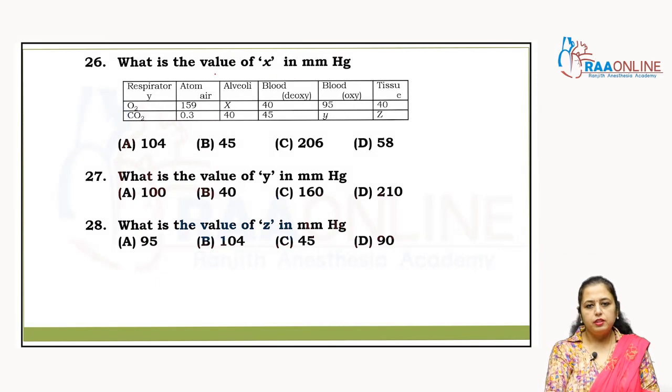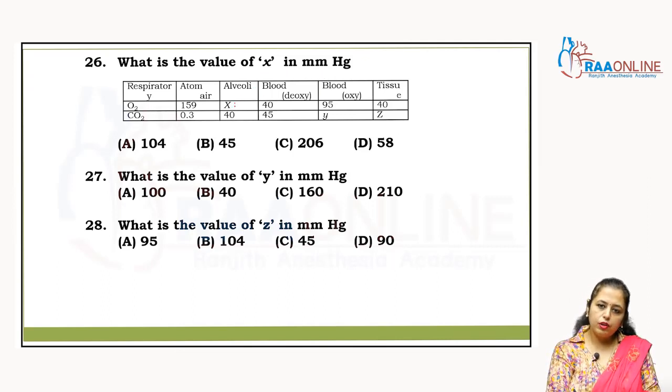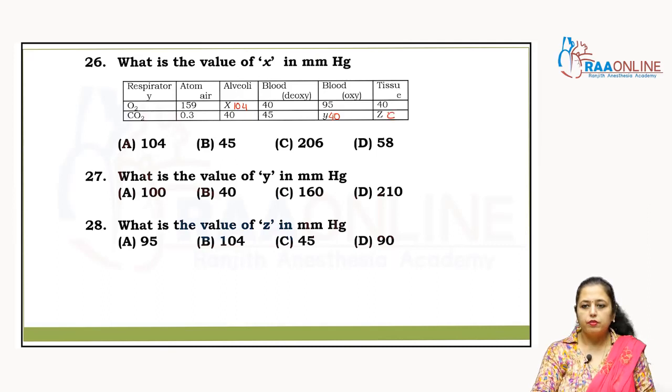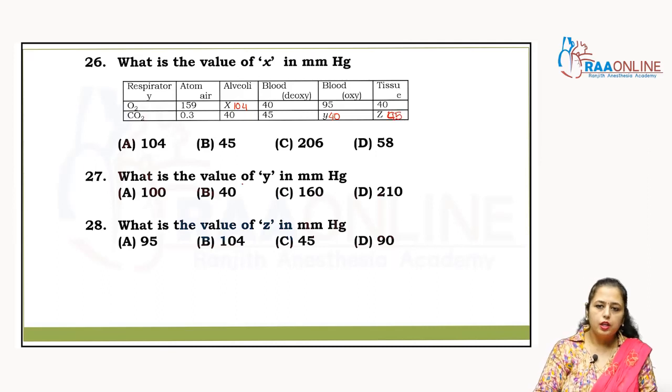Now see that chart, right? What is the value of X in mm of Hg? When we talk about alveoli, that is 104, right? In Y, oxygenated blood, that is alveolar blood, here 40, and at tissue level the value of Z, that is carbon dioxide, it's 45, right?